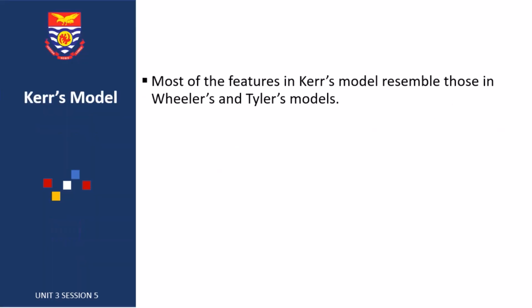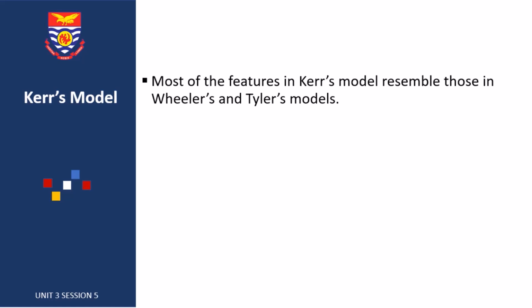Now let's look at Kerr's model. Looking at it carefully, one would observe that most of the features in his model resemble those in Wheeler's and Tyler's models. We saw that Tyler's model is made up of 4 phases, and Wheeler's model was made up of 5 phases.